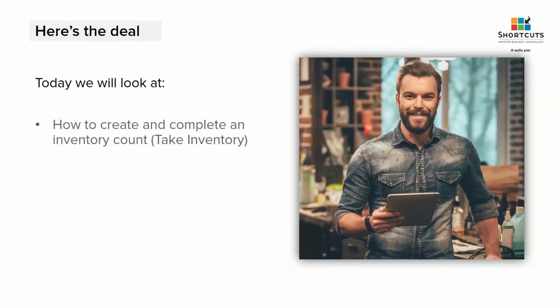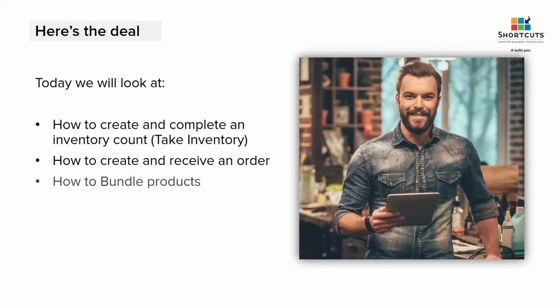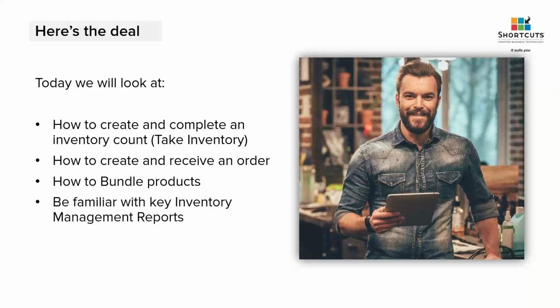So with inventory, previously we talked about the basics in inventory, how to create your items, whether it's a retail item or a professional item, how to set up suppliers, companies, and lines. But now we're going to go to the next level of inventory management. One of the most important things that you should be doing is taking an inventory count.